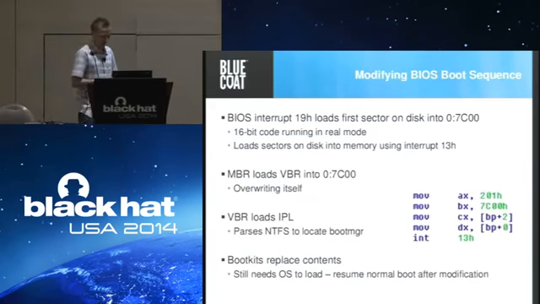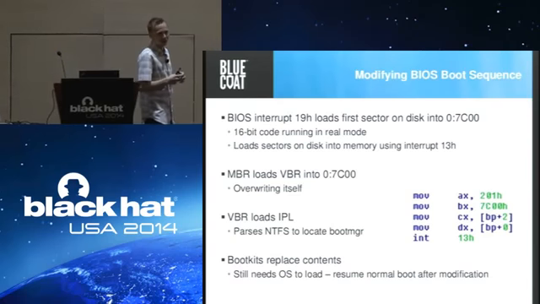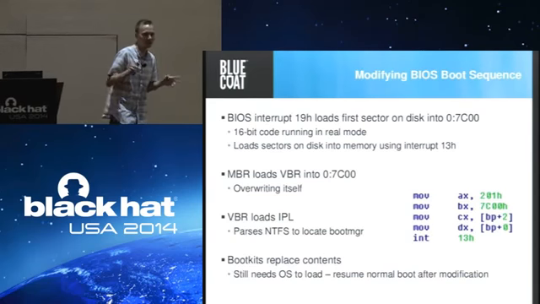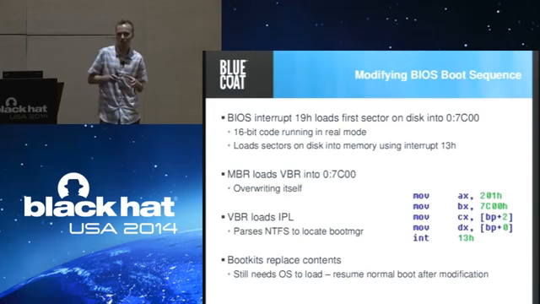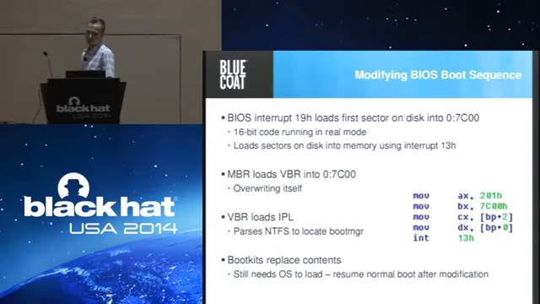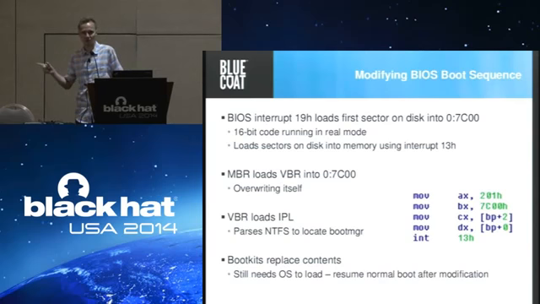Just a quick overview of how the boot sequence is supposed to work. When you power on your machine, you probably see a power-on self-test. At the very end of this, there will be code that issues BIOS interrupt 19. This instructs the BIOS to load the first sector on disk into memory at address 7C00.